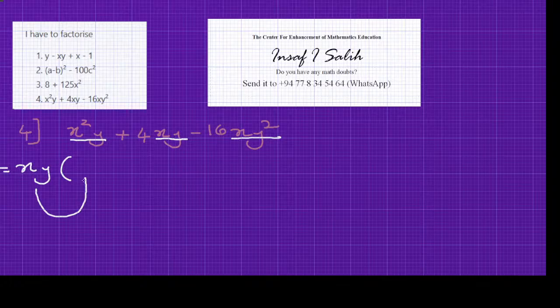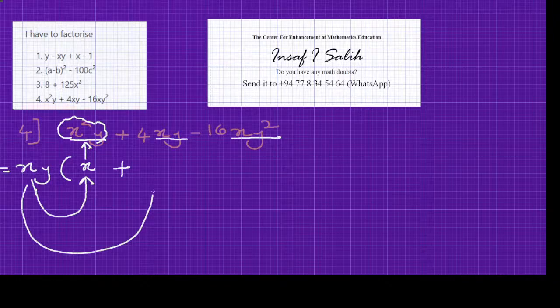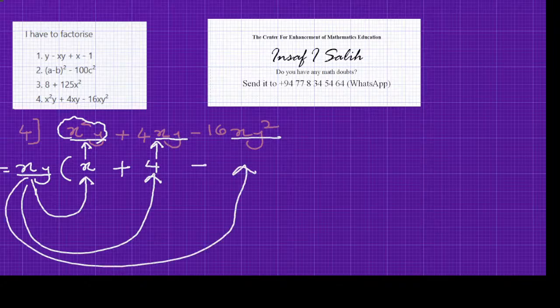To get x squared y, by what should we multiply xy? We have to multiply by x, so that we end up getting x squared y. Plus, to get 4xy, by what should we multiply xy? By 4, obviously, minus, to get 16xy squared, we have to multiply xy by 16y.